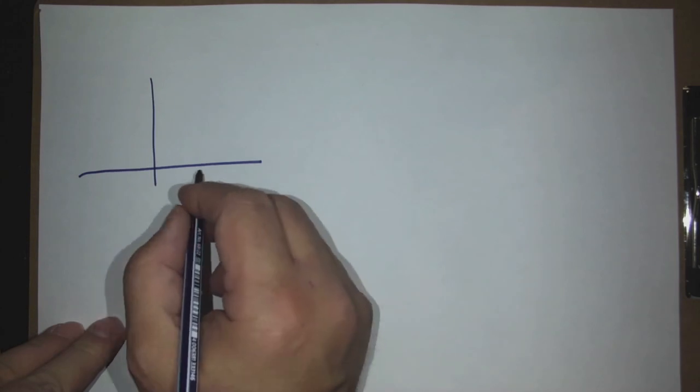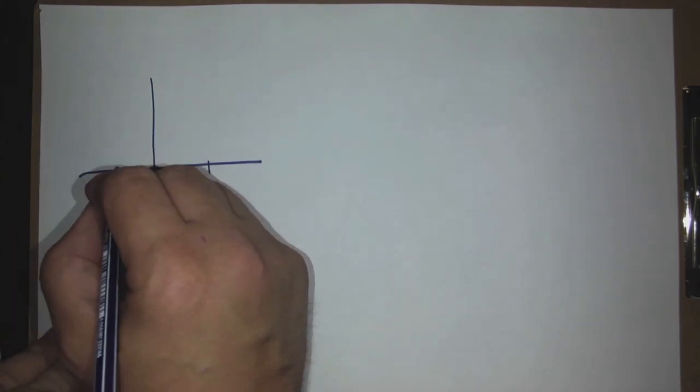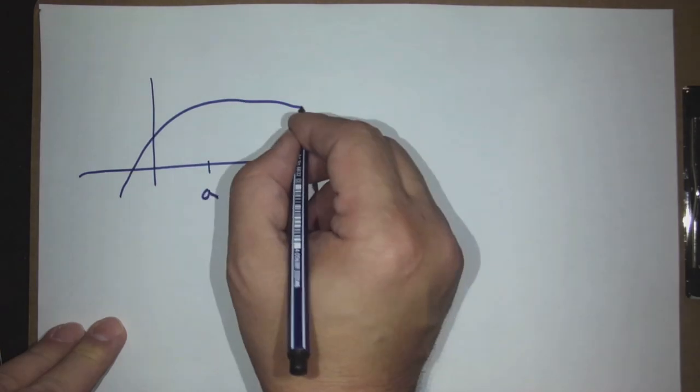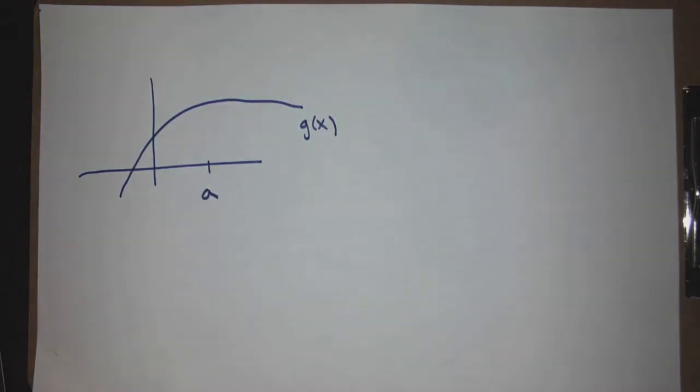What's today's topic? Well, we're still in limits. And we're going to learn two fairly useful things. So the first useful thing has sort of a nice drawing. And it says, suppose we're in the following scenario. I have a point A. And I have some function g of x.